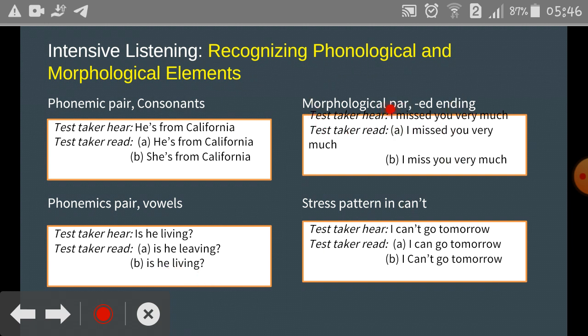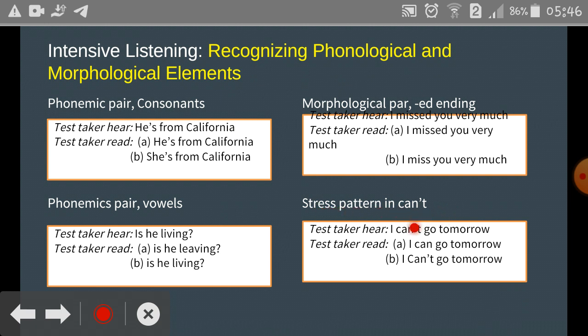Another example is the morphological with ed ending. For example, I missed you very much, and the test taker will read A, I missed you very much, and B, I miss you very much. Whether they can differentiate the word missed and miss when they listen to it. Another way is stress pattern in can't.